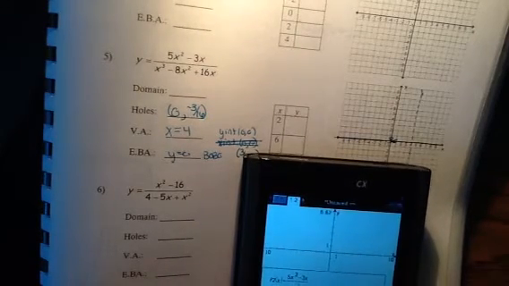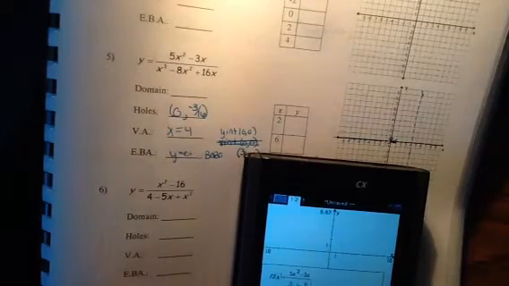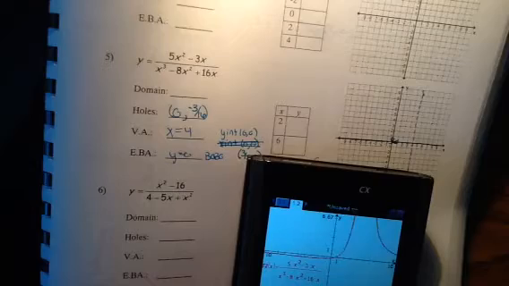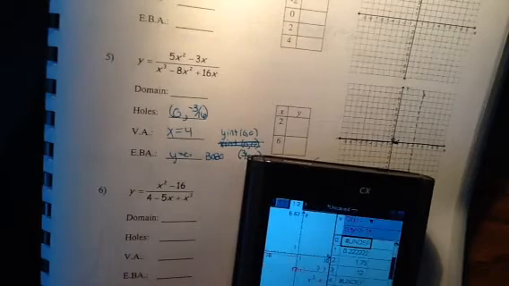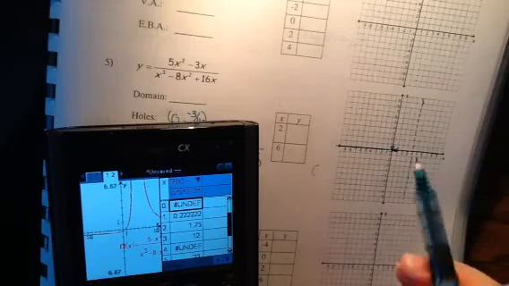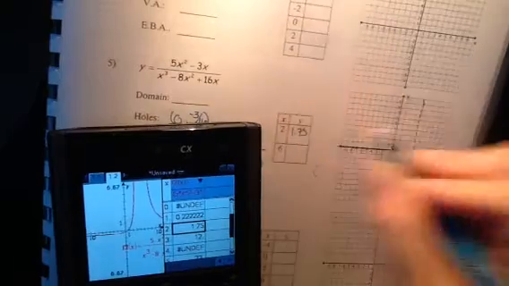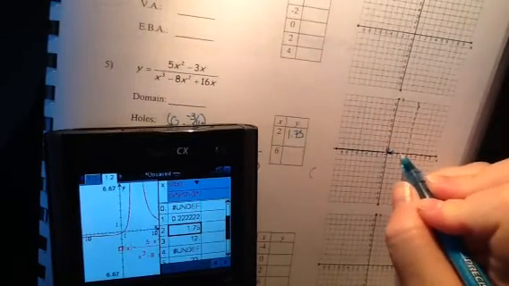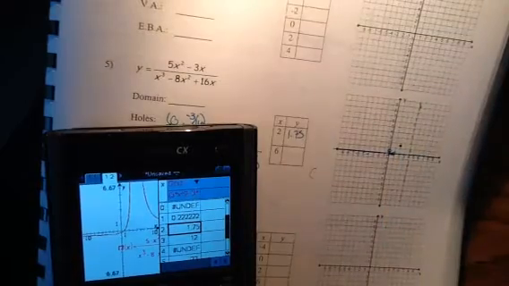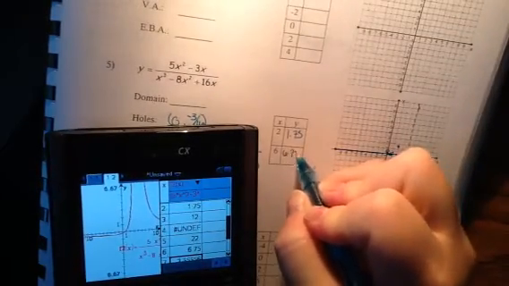And on bottom you have x to the third minus 8x squared plus 16x. And then I'm going to do my control T. And see, at 2 I'm at 1.75. And at 6 I'm at 6.75.